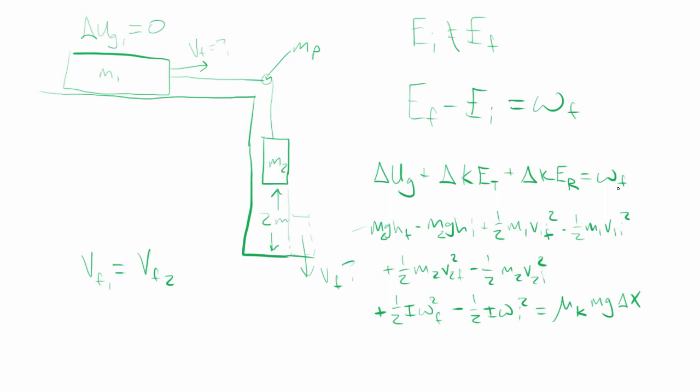The other thing you might notice is that there's an h here and there's a distance here, delta x. So delta x is the distance that this thing moves until it's in its final position. And you should realize, since we've done this sort of problem before, that as I've written it, delta x is equal to h.